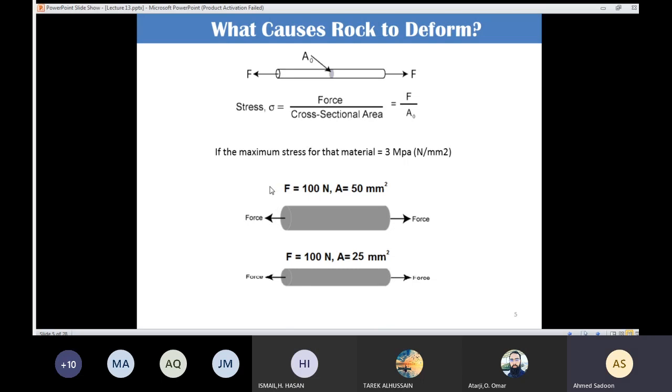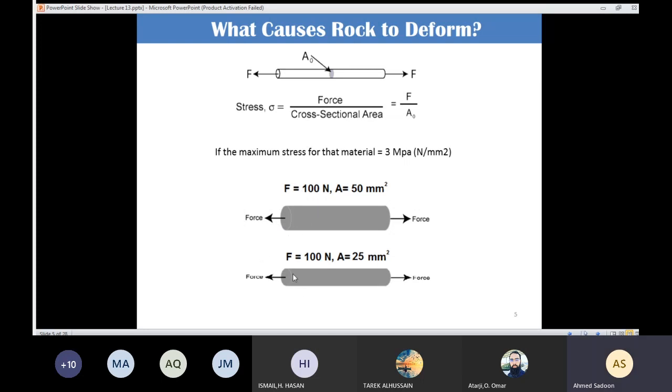So here, assume I have rod number 1 and rod number 2. They are made from the same material with maximum stress equal to 3 megapascal. In rod 1, the force equals 100 Newton.